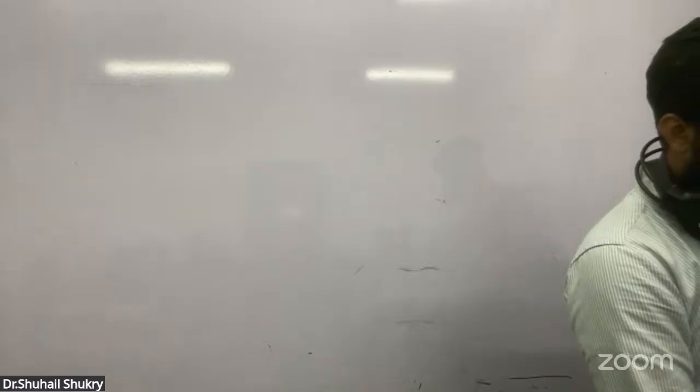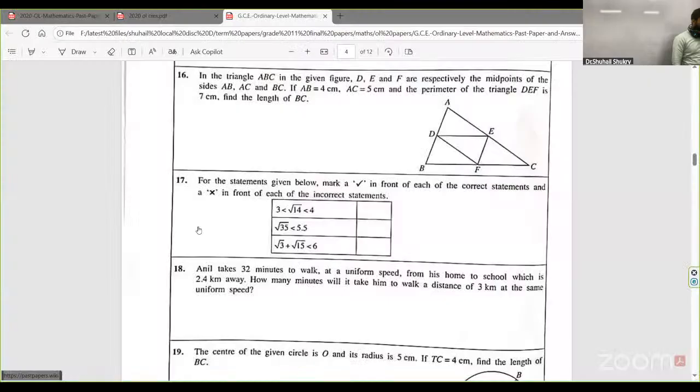Now in question number 16, you can see, right, 2021 O-level paper. The first question says, in the triangle ABC, in the given figure, D, E and F are respectively the midpoints of the sides AB, AC and BC.